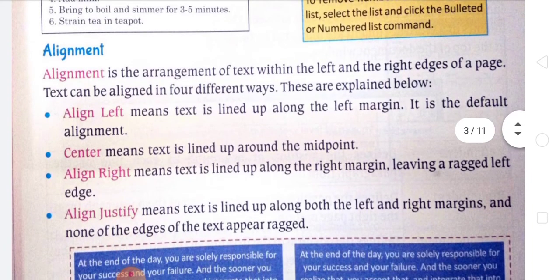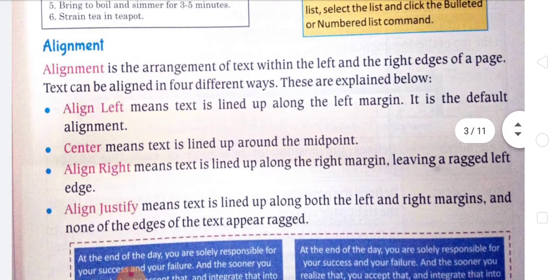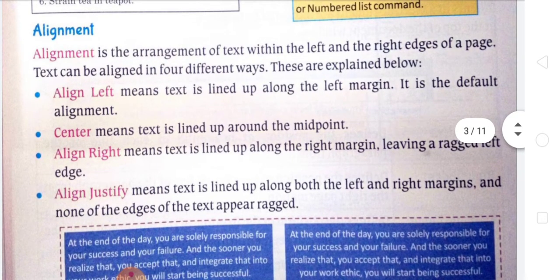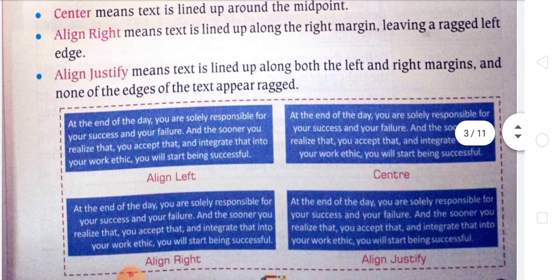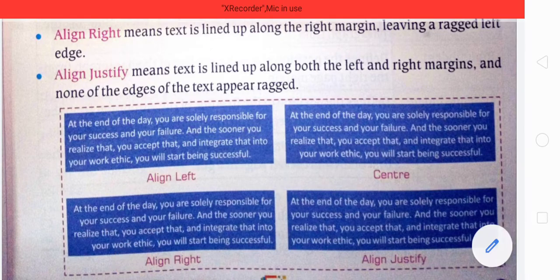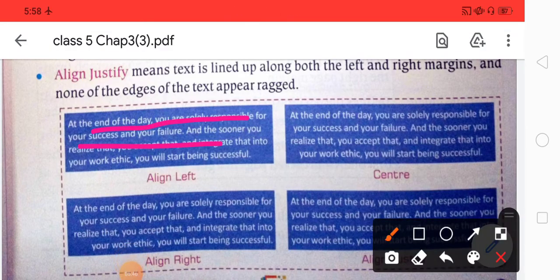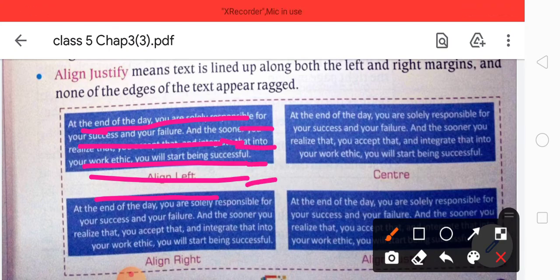Then what is alignment? Alignment is the arrangement of text within the left and the right edges of a page. Text can be aligned in four different ways. Here you see the four different ways. Here all lines start from the left, and here all lines are pointed at the center.